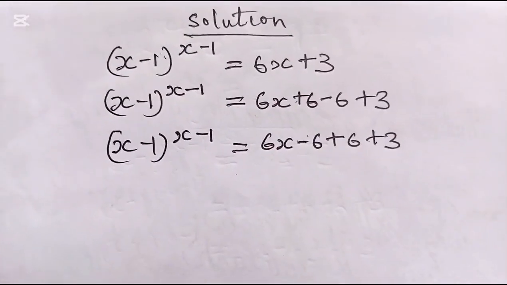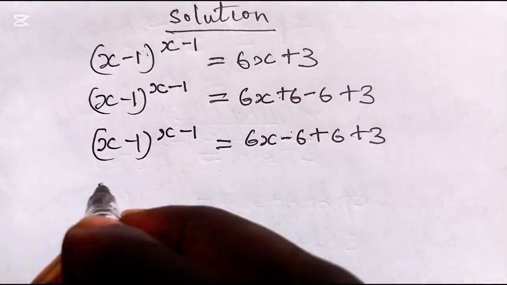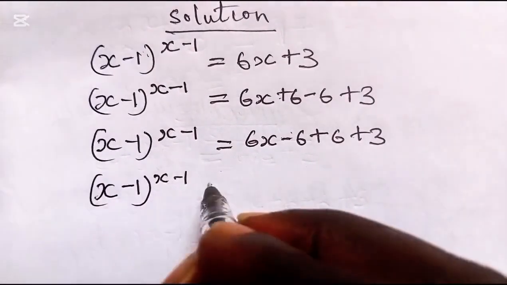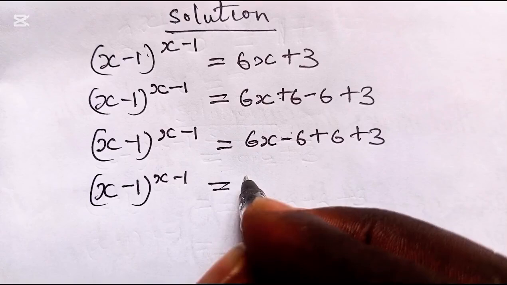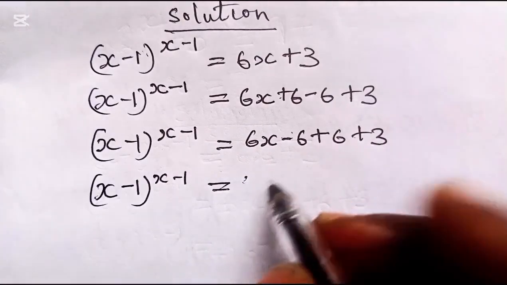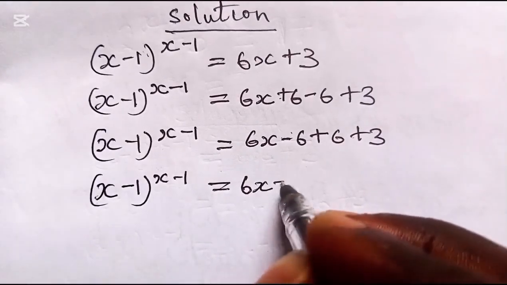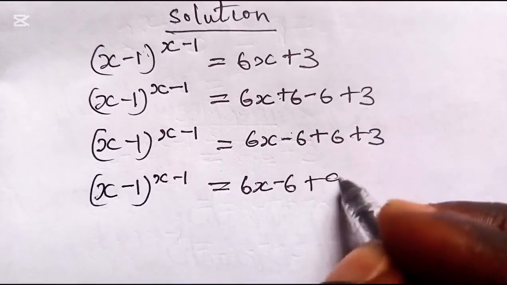So what do we do next? Here now we have (x − 1)^(x − 1) equals to 6x minus 6 plus 9.